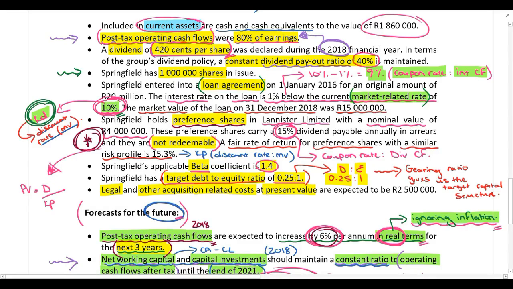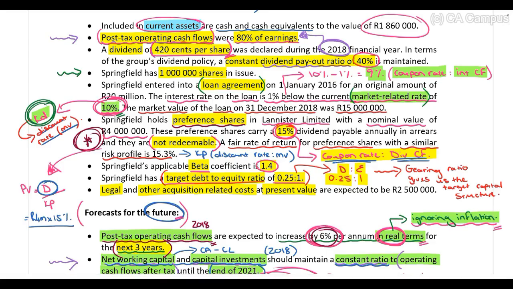So remember we said this 15% over here is the coupon rate which we'll use to calculate the dividend cash flow. So you take the 4 million rand, you multiply that by 15% so that you can calculate the dividend cash flow. You use the coupon rate when calculating the dividend cash flow.